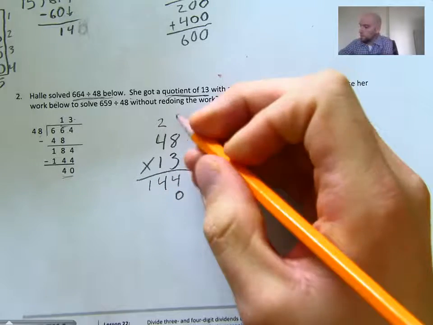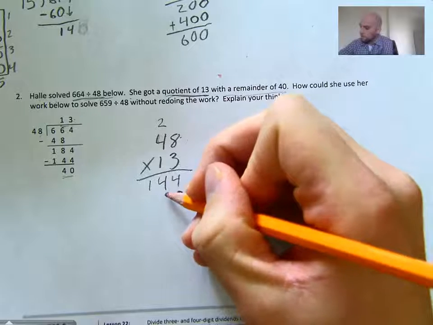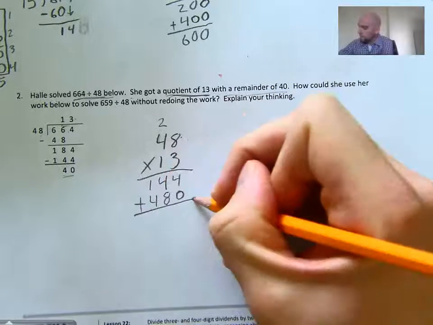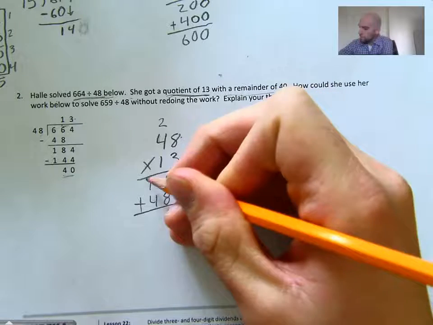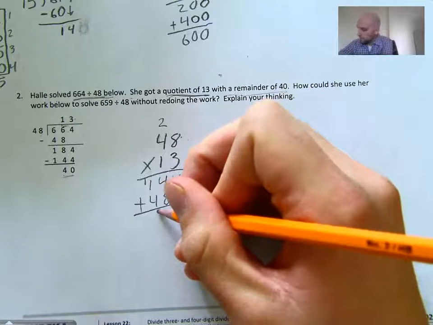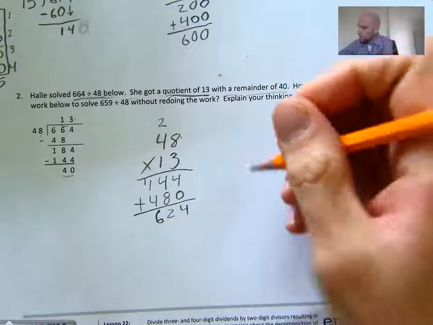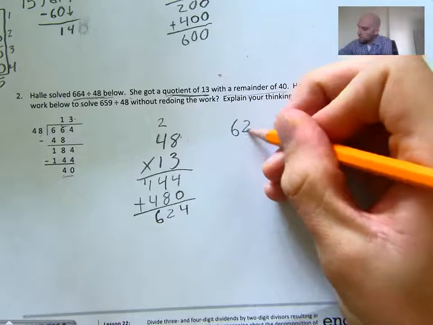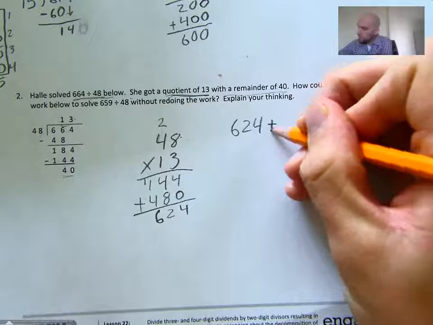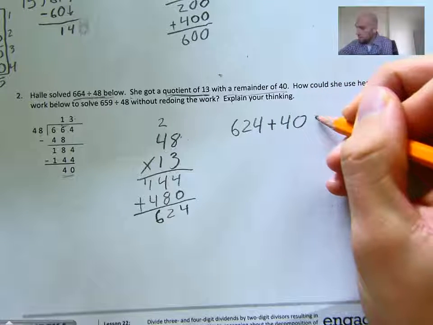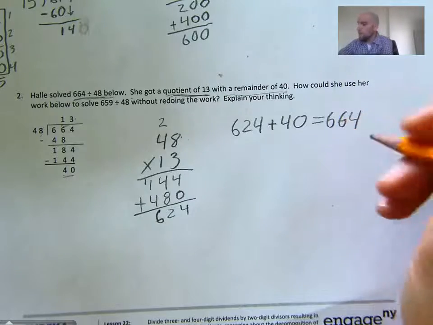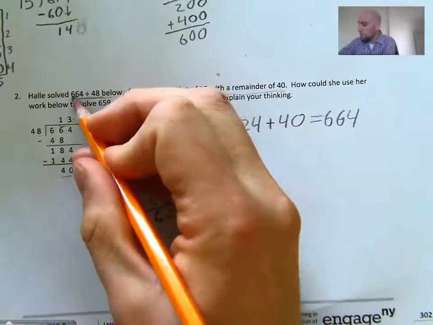Down 0 for our placeholder. 8 times 1 is 8. 4 times 1 is 4. 4, 2, 3, 1. And we get 624. And we know 624 plus 40 equals 664.